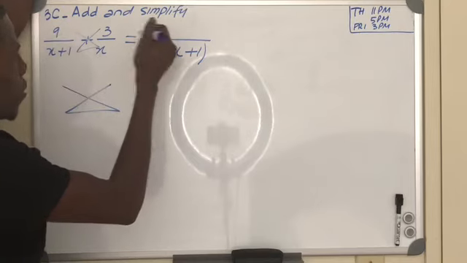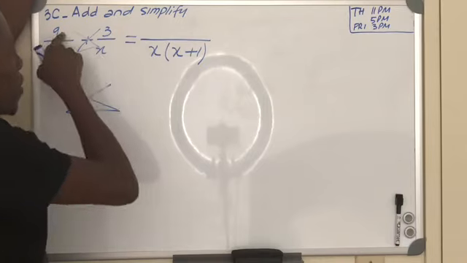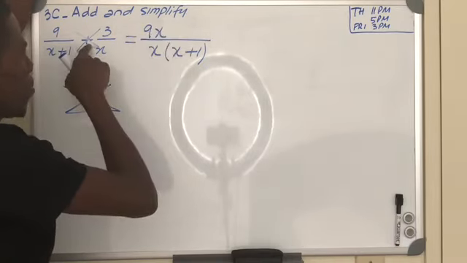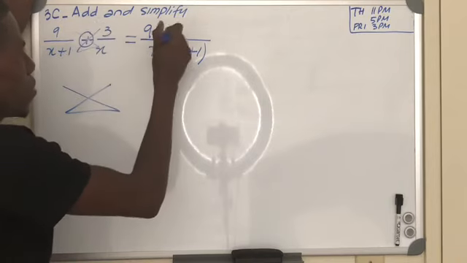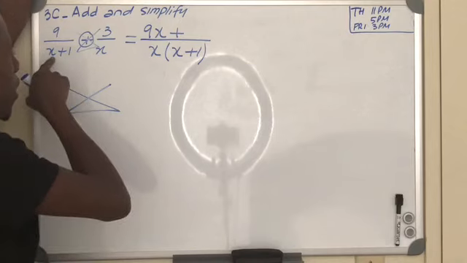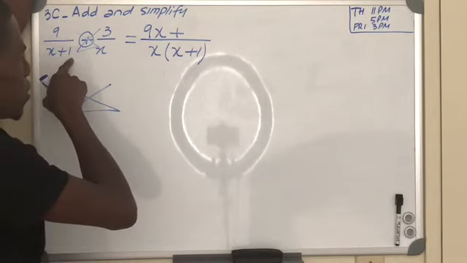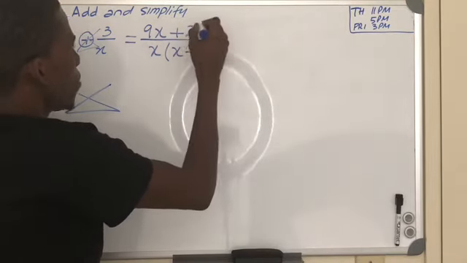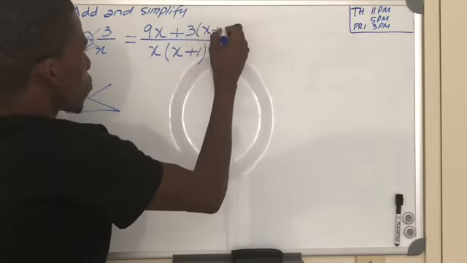It goes to 9, so I have to multiply it by 9. So 9 times x is equal to 9x. I have a plus sign in the middle, so I put plus right here. Then I have x plus 1 times 3, so it's 3 times x plus 1.